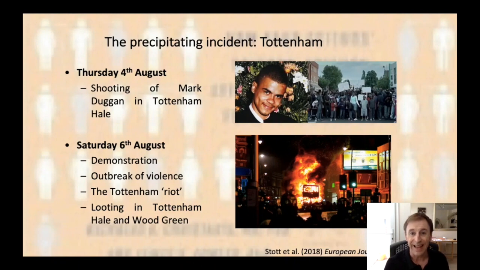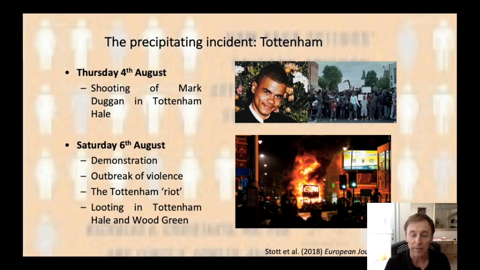The precipitating incident for the riots happened in Tottenham in North London, and it was the shooting by police of a local mixed heritage man, Mark Duggan, in Tottenham Hale. That happened on Thursday the 4th, and the family protested outside Tottenham police station on Saturday the 6th because they still hadn't had an official communication from the police about the killing.